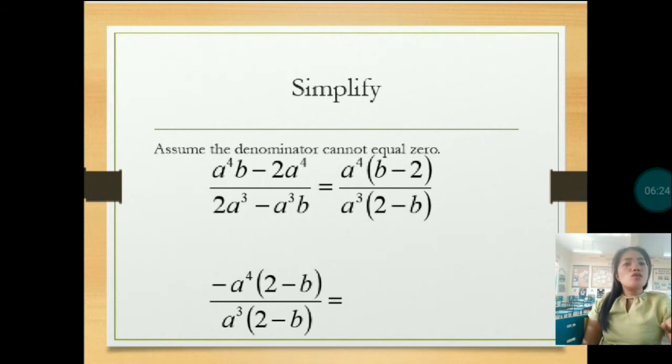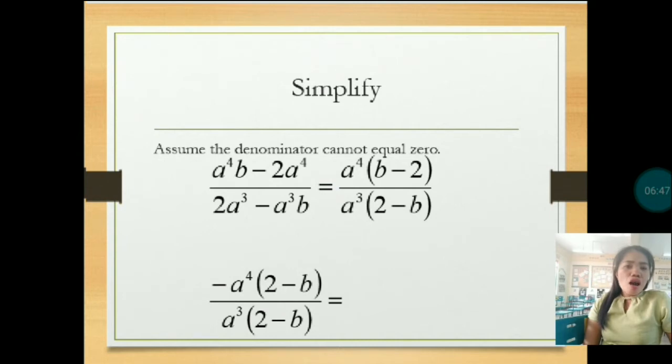Okay? Then negative 2a to the power of 4 divided by a to the power of 4, we have negative 2. That is why our factors in the numerator would be a to the power of 4 times b minus 2. Same procedure for our denominator.